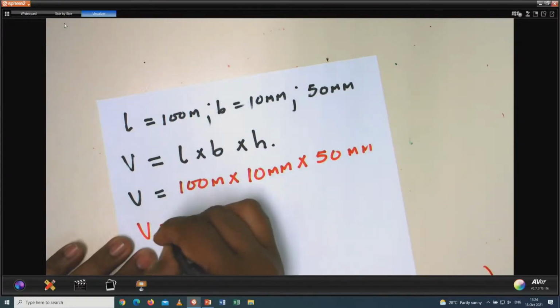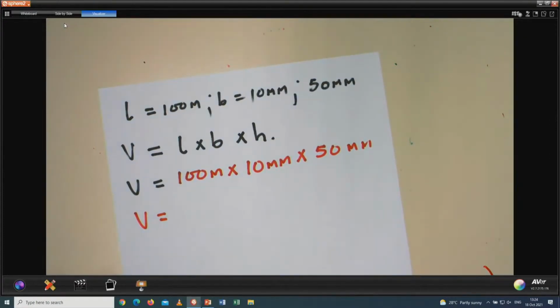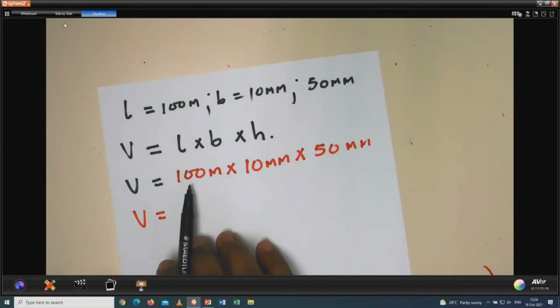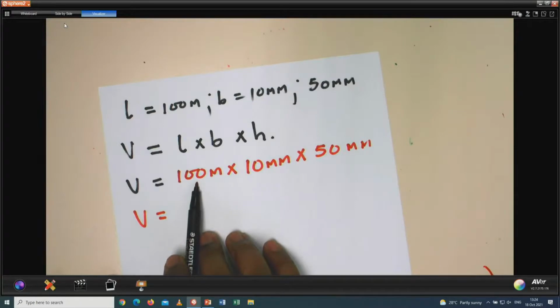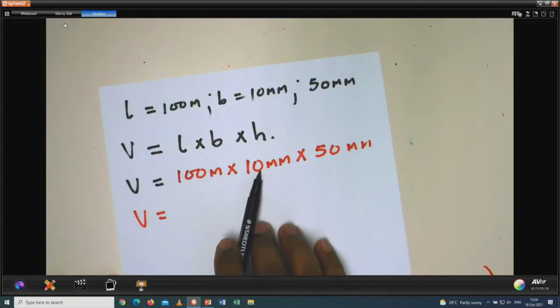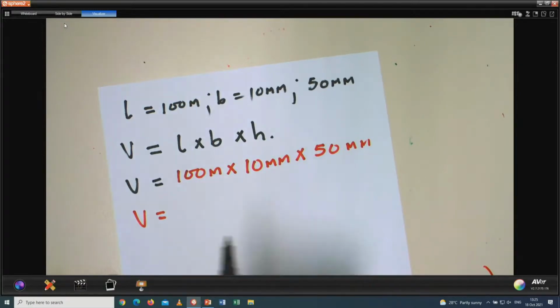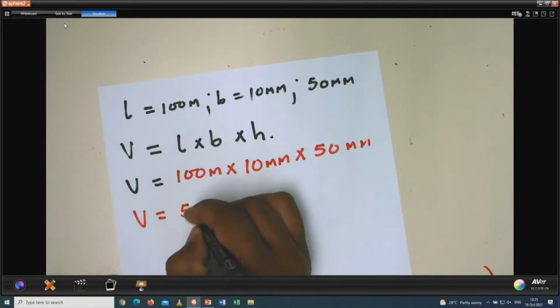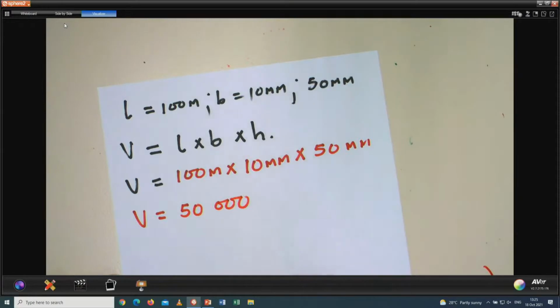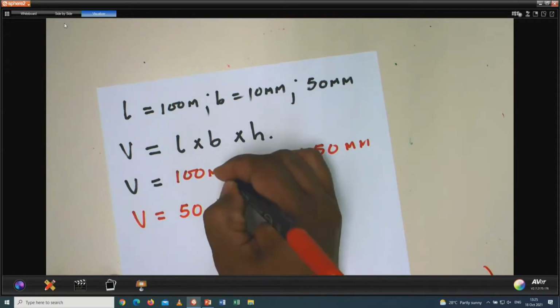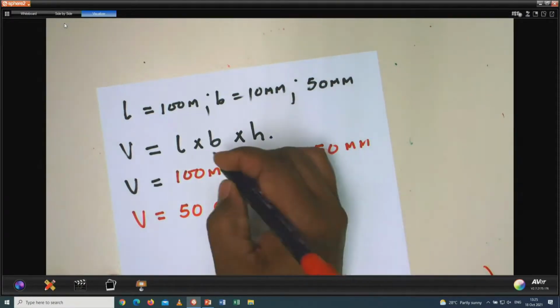And therefore, now let us do the calculation. We would say 100 multiplied by 10. What is 100 multiplied by 10? It will be 1000. Then 1000 multiplied by 50, it will definitely be 50,000, correct? 50,000. And therefore, this is millimeters.